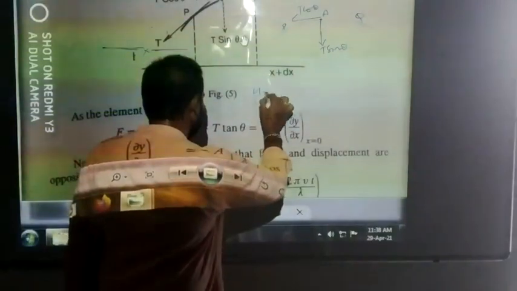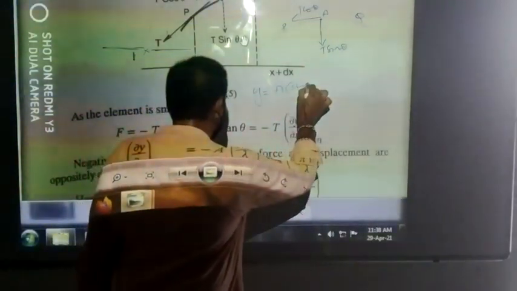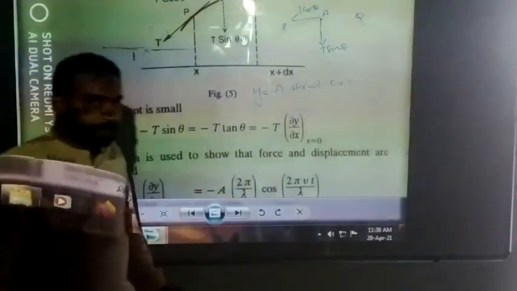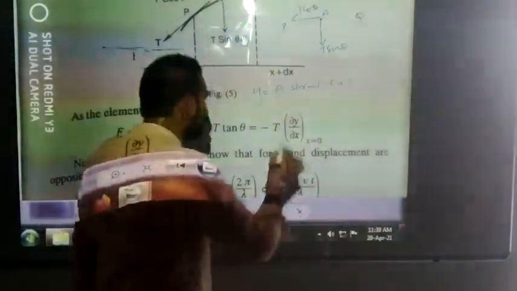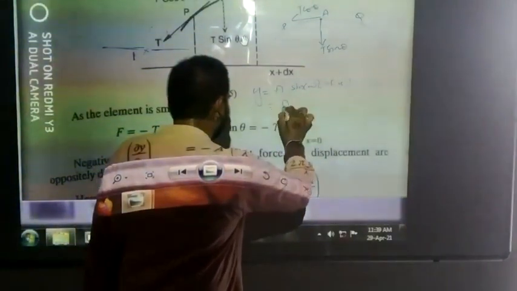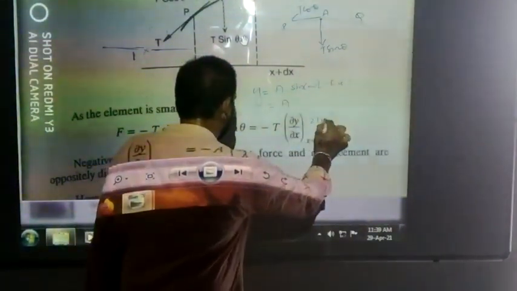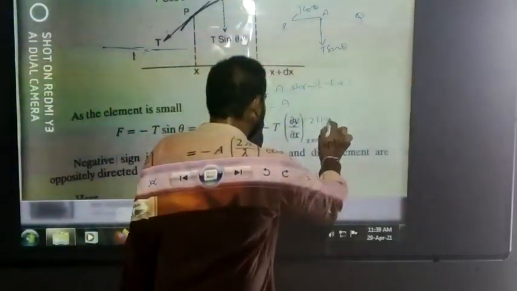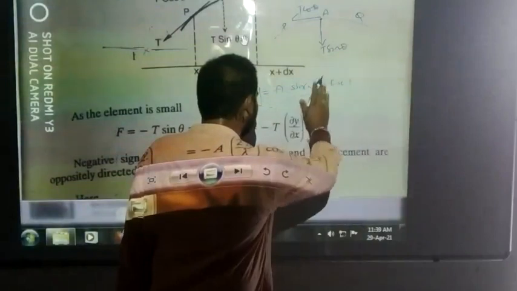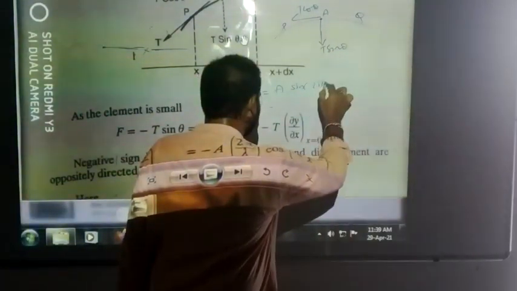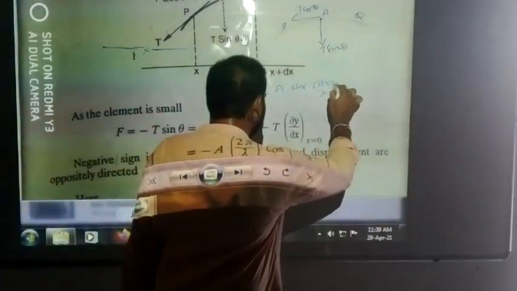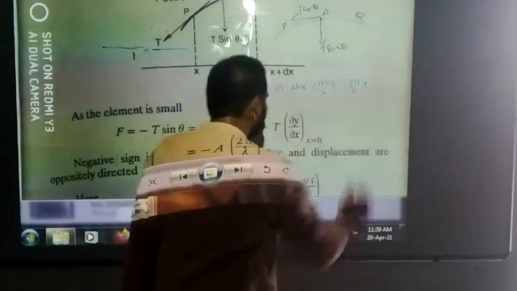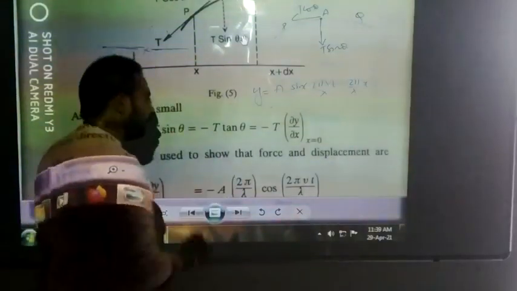See, y = a sin(ωt − kx). In place of ω we can write 2πν. But ν is v/λ, so substitute that value here: 2πv/λ into t, minus k, which is 2π/λ into x. k is the propagation constant, 2π/λ.